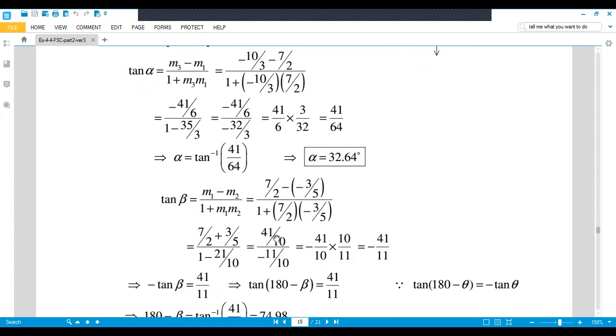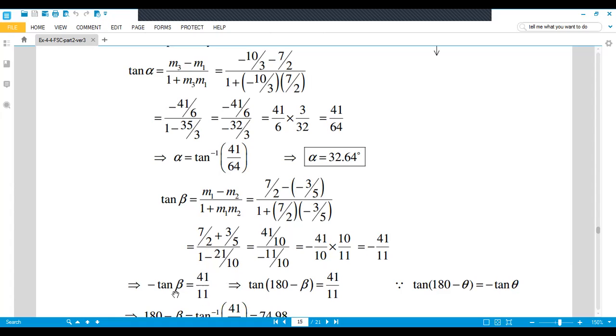When we simplify, we get 41 over 10 divided by 1 minus 21 over 10, which is minus 11 over 10. So 41 over 10 and the reciprocal of that, 10 over minus 11. So 10 cancels with each other. So we get minus 41 over 11. So minus 41 over 11, that is the tan beta.